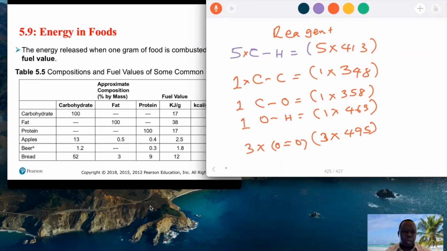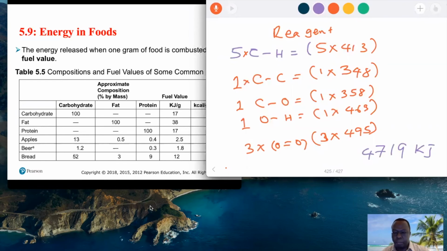So you should get for the reagents 3 times 495. So this is 47, you get 47 and 19 kilojoules. This is the amount of energy required to break the bonds.